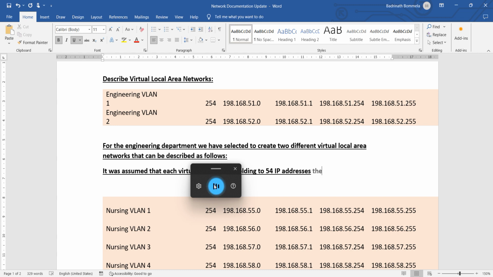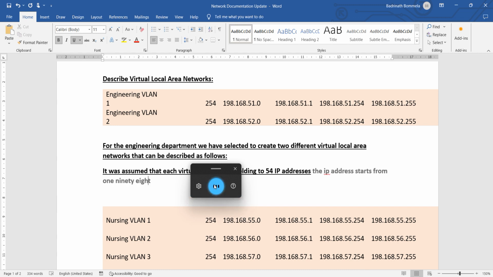The IP address starts from 198.168.51.1 to 198.168.51.254. Full stop. The subnet mask is 255.255.